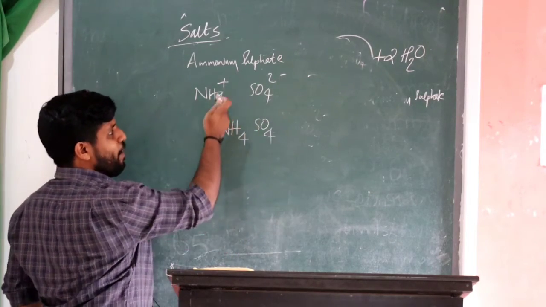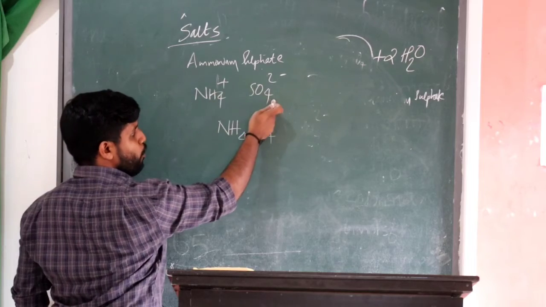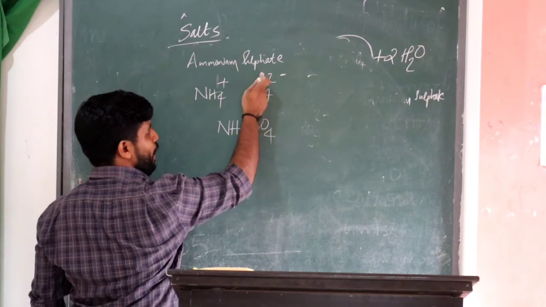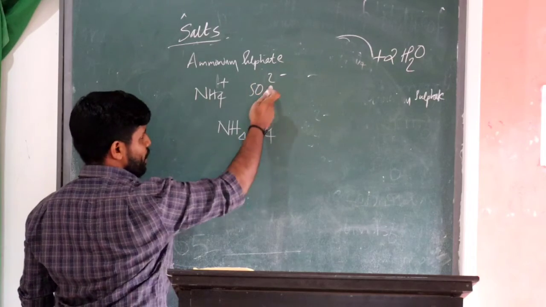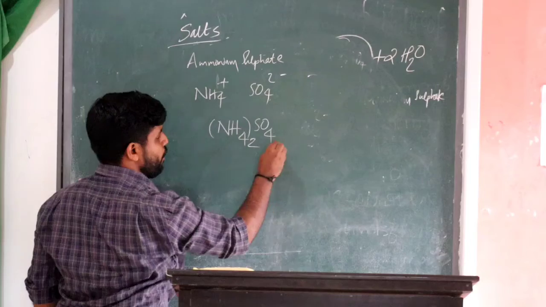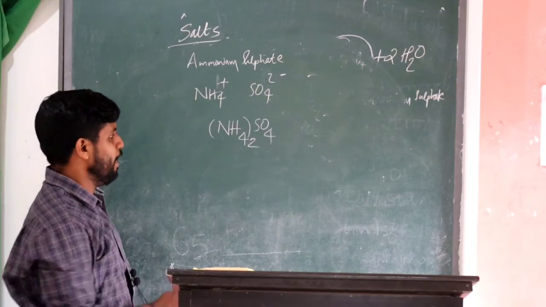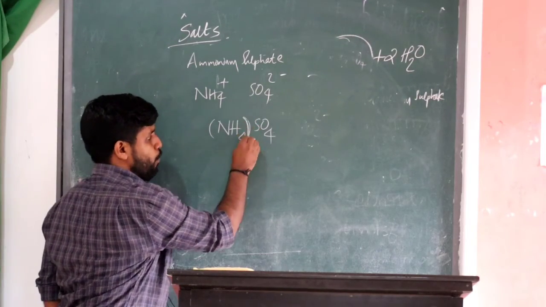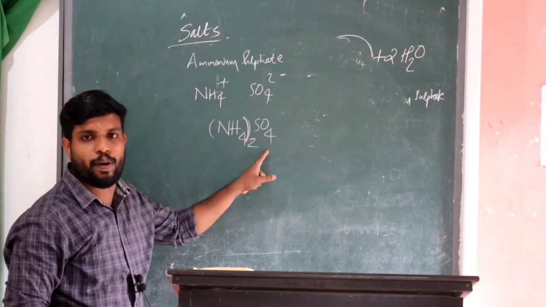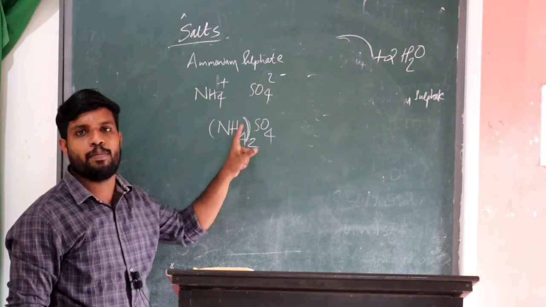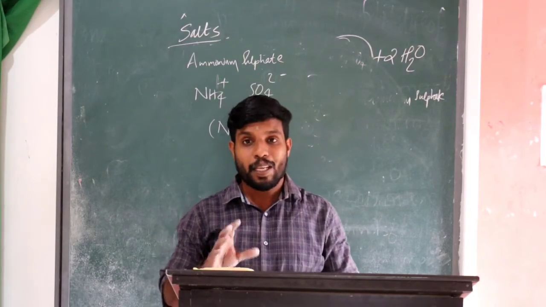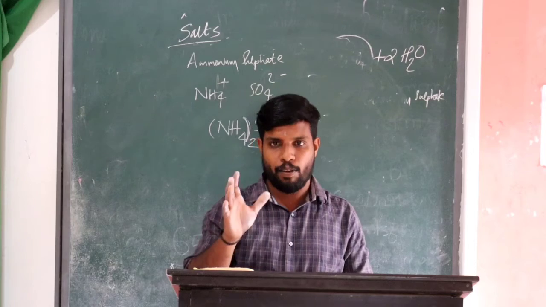Then interchange the values. Here 1 is given to SO4 itself, NH4 SO4. Then SO4 has the value 2, there is no need to write the charges. So 2 is given to NH4, NH4 is a group, that's why we write a bracket. Later we write that value. So (NH4)2SO4, you can read it as NH4 twice SO4, ammonium sulfate. These are the methods to write the chemical formula.